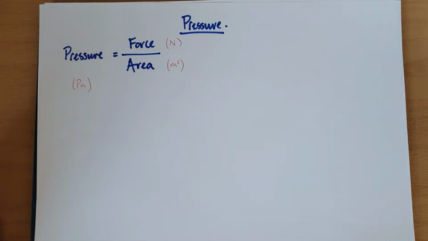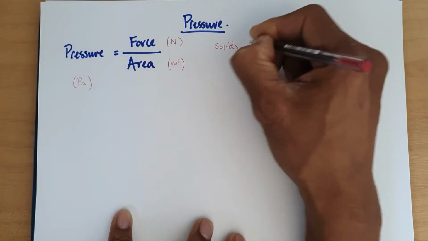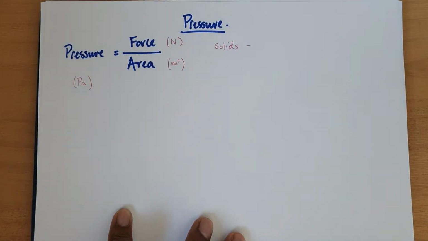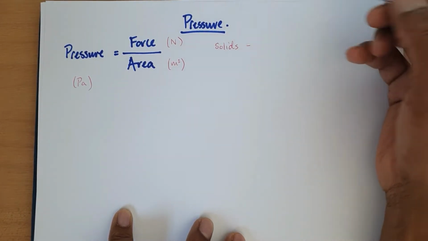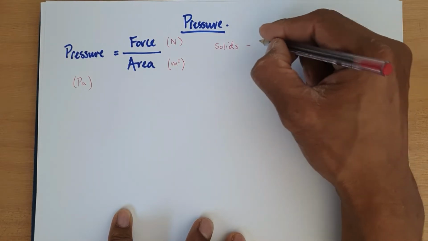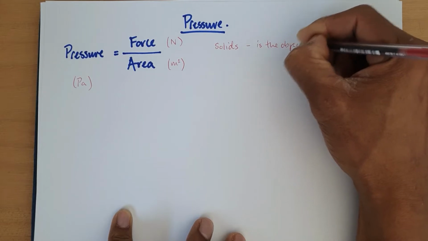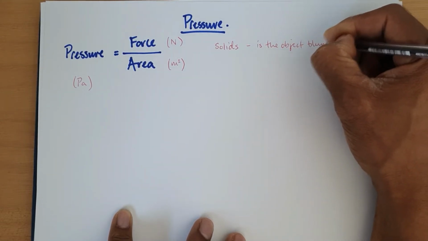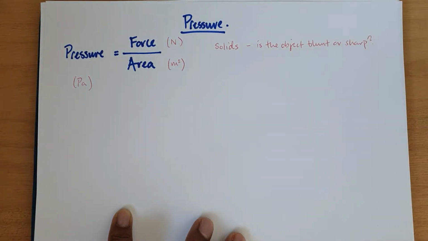So when we think about solids, the main idea we think about when we say that pressure is exerted by one solid, so one object on another, is whether the object is blunt or sharp. That's the key idea.